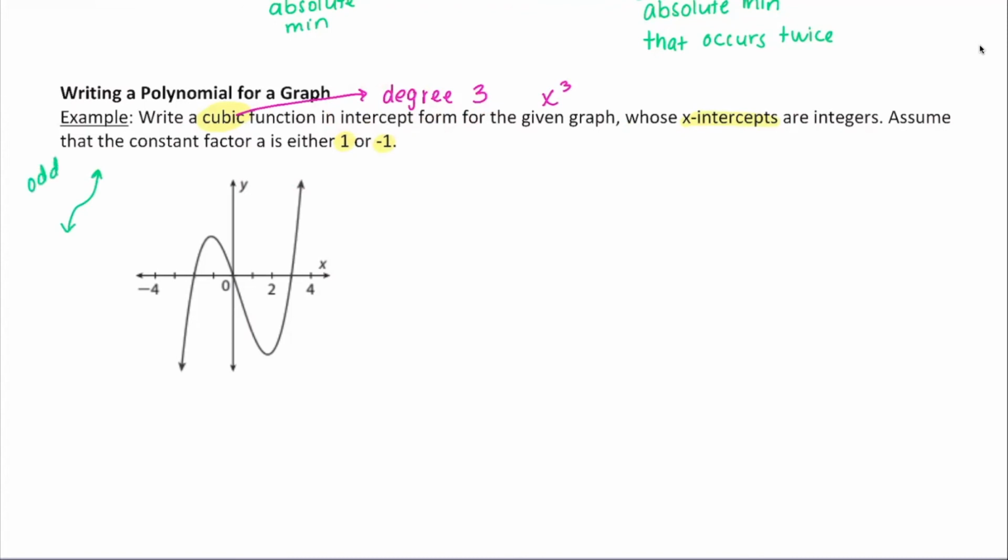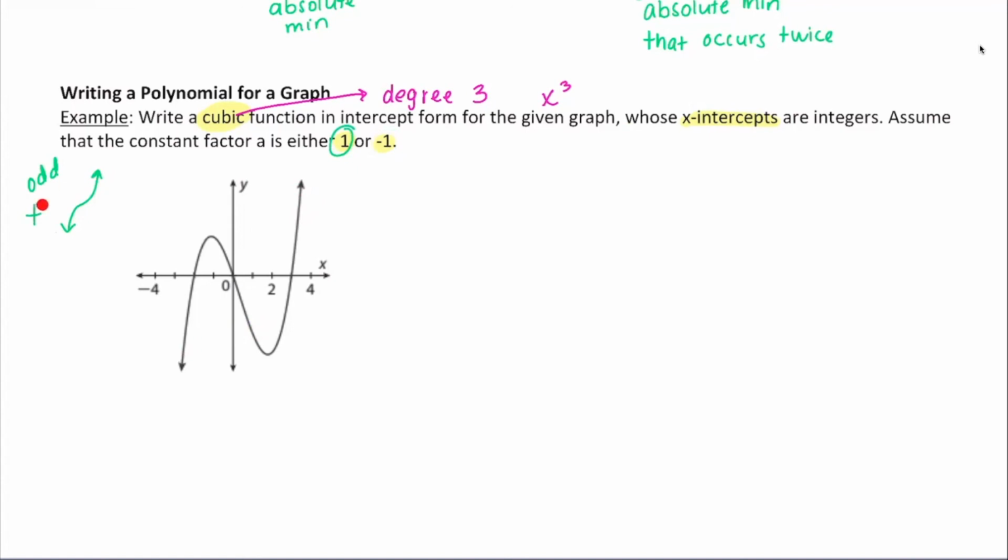So it will behave like my traditional cubic function. And because the end behavior of this function matches the end behavior of my traditional cubic, I know that the leading coefficient has to be positive. So I'm going to use, oops, that's not positive. Circled the wrong one. There we go. We're going to use 1 as our leading coefficient.